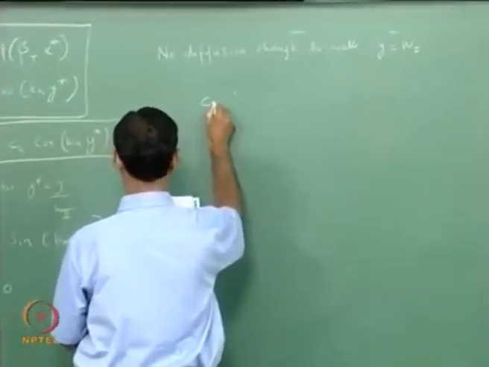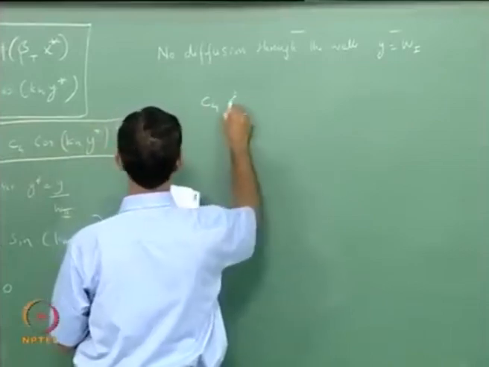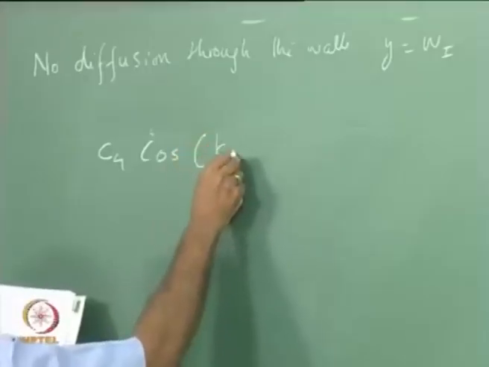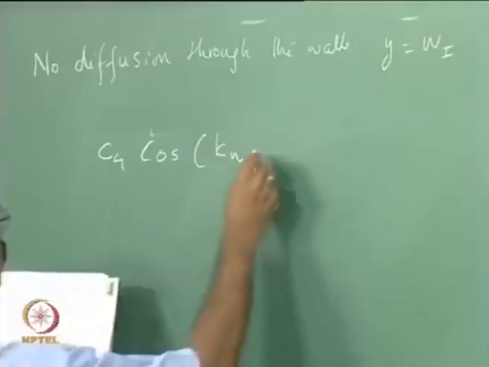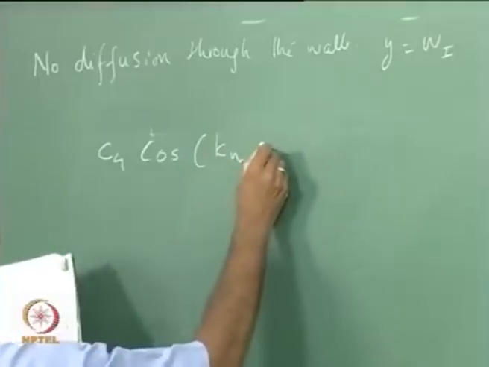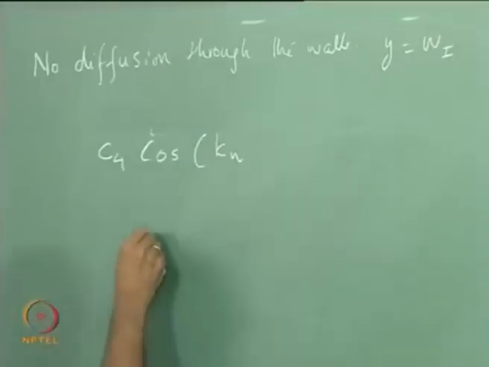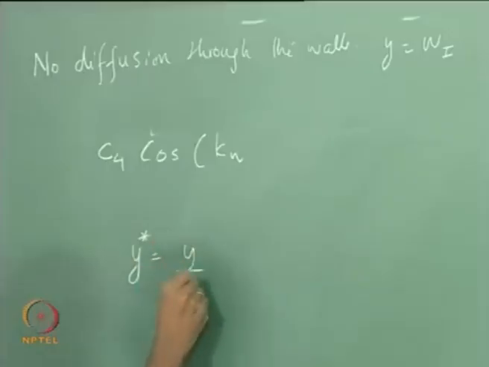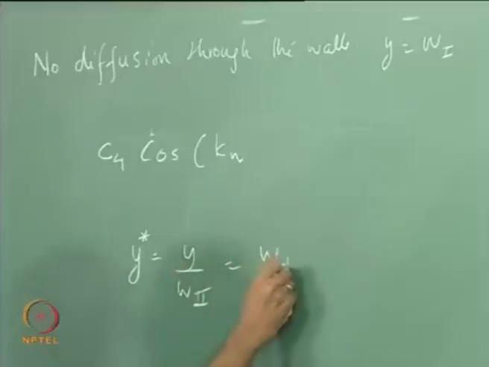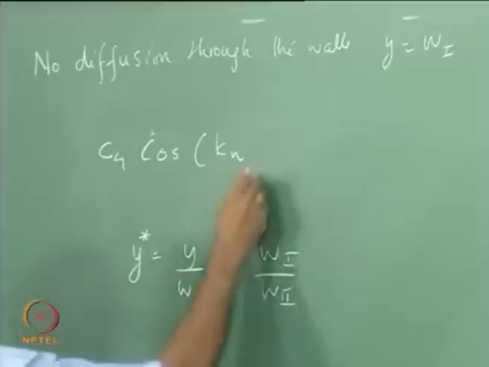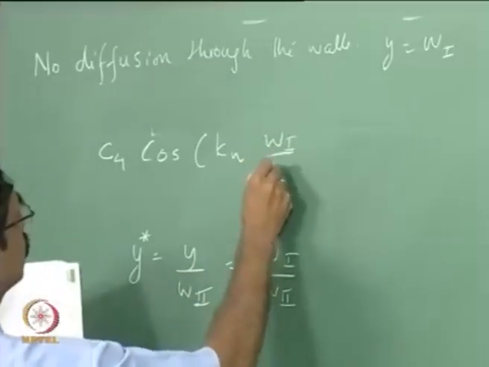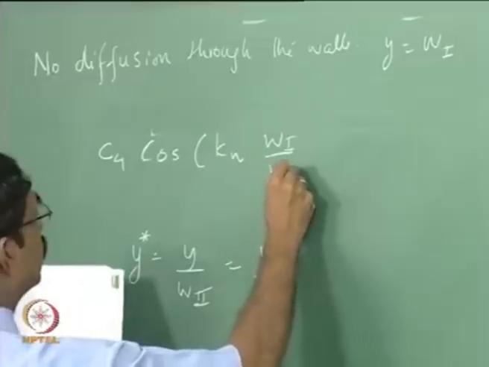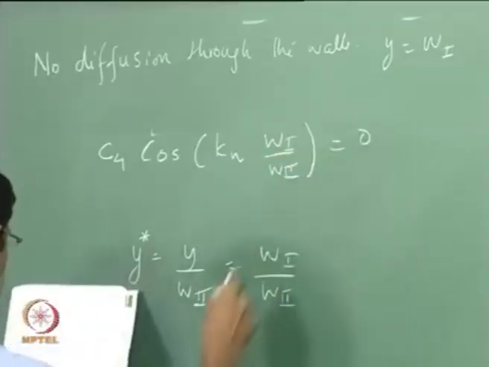So this is a solution C4 cos Kn into y star, where y star was y by W2, this would be W1 by W2, equal to 0.